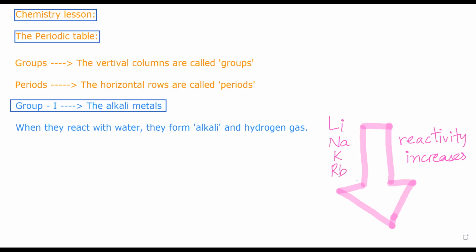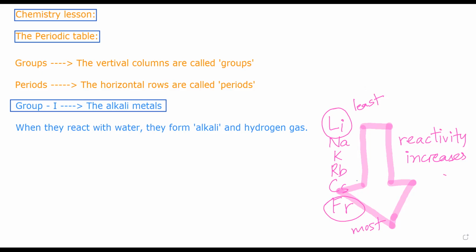This is how we are going down. So as we go down, reactivity increases, meaning lithium is the least reactive in this group, and francium is the most reactive.